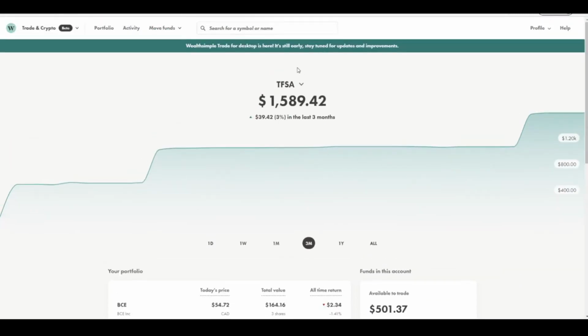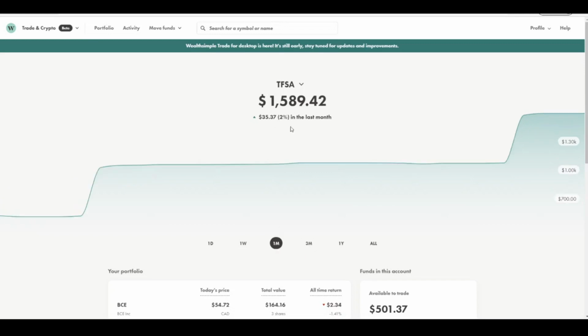I started this portfolio a month back, almost at the end of January. So the overall age of my portfolio is a month plus 3 to 4 days. That's why, when I go into the 3 month chart here, it shows me an increase of about 3%, whereas if I go for 1 month, it shows me 2%.